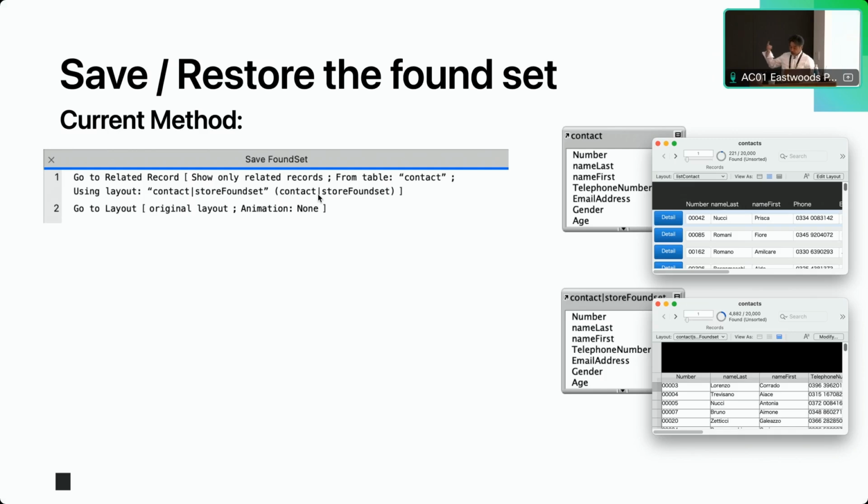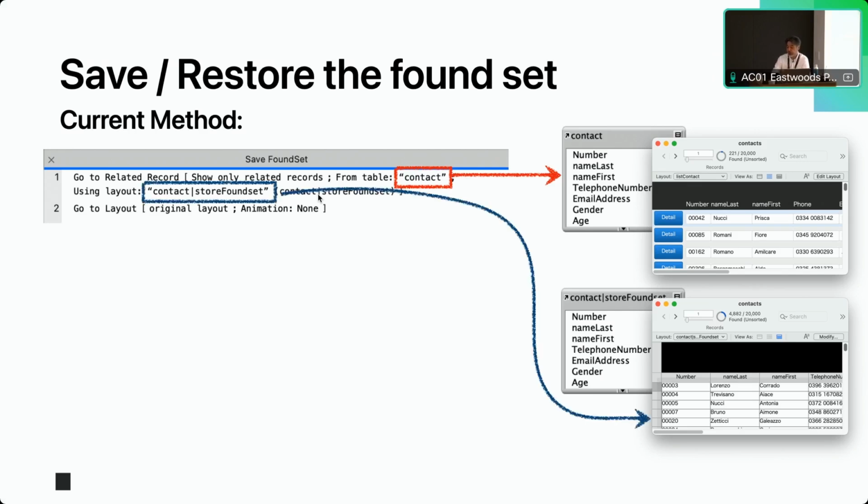So what do I do in this Go to Related Records step? From the TO Contact that I'm in now to Contact. That is, the setting is to move towards itself. And this Show record using layout is not the layout that you're currently in, but specifies the layout of the TO to which we want to save the found set.